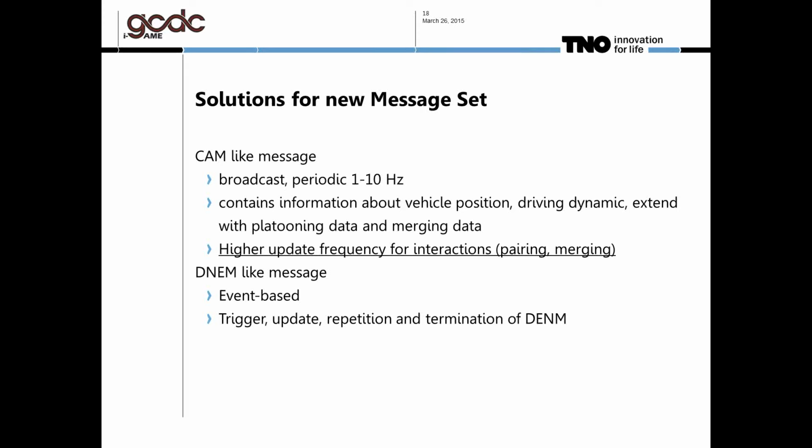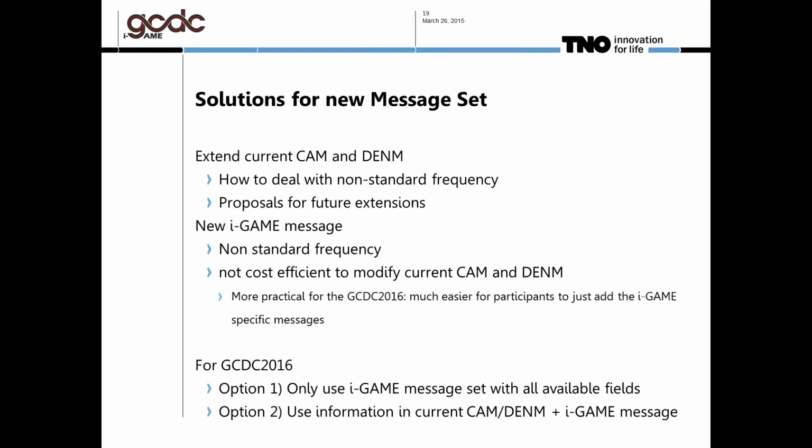Another solution could be a more DENM-like message type in the ETSI standard, which are event-based messages. You need an event to trigger such a message, and then you send update messages about that event until the event has ended. So we can look at the current message sets and see what is and is not available in those messages.